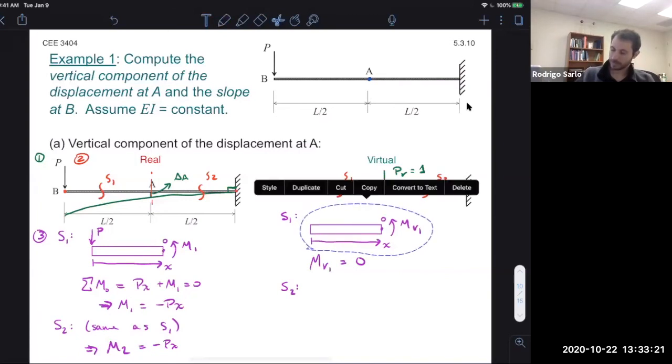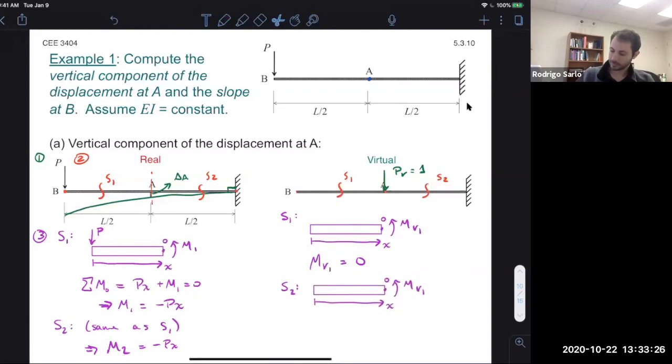Okay, and then I'm going to draw my section 2. There I need to apply the load at A. So that's my PV equal to 1.